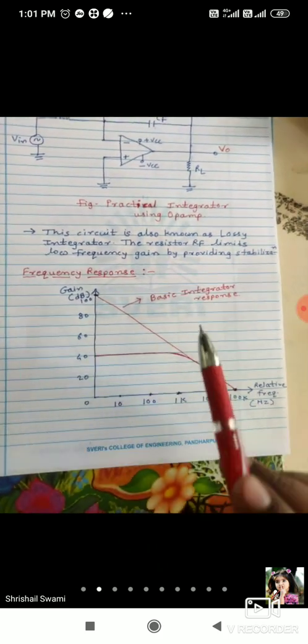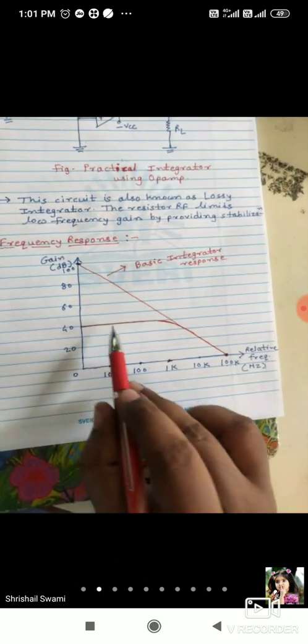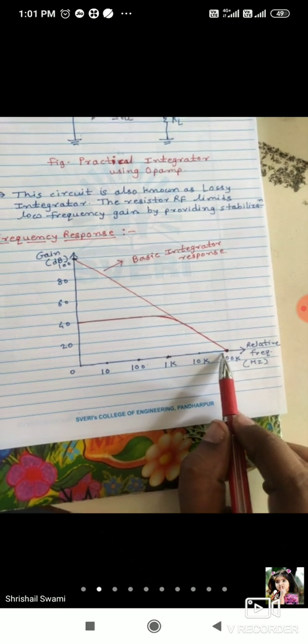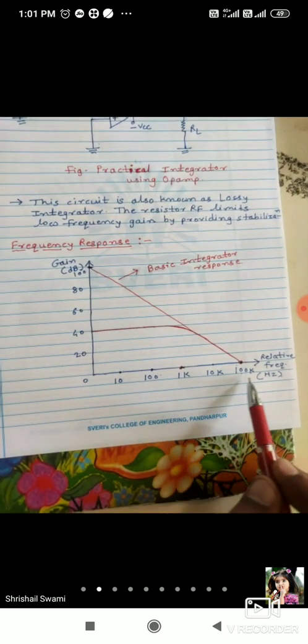In both cases, in the basic integrator response as well as in the practical integrator ideal response, the gain is finally reduced to 0 dB. But there is a difference. In the basic integrator response, the gain is continuously decreasing as frequency is increasing.